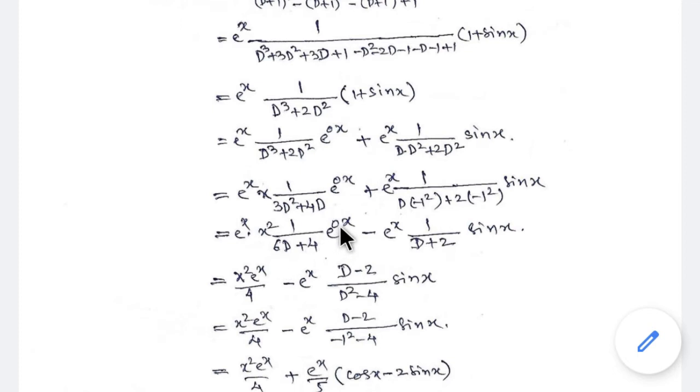6d plus 4 into e raised to 0x minus e raised to x into, you can simplify this. Minus 1 square is minus, so minus you get here, so this is also minus, and this is also minus, so you take minus common here. So e raised to x into, after simplifying we get d plus 2, then operating on sin x.